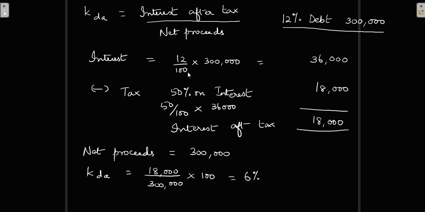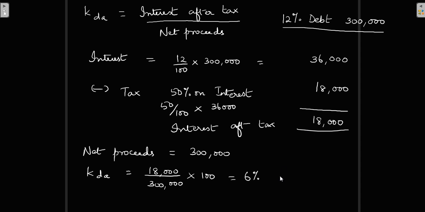Interest is 12% on 3 lakhs, 36,000. You deduct the tax, 18,000. You get interest after tax. Net proceeds is the total value of the capital. So 18,000 divided by 3 lakhs into 100. So the cost of debt for the new debenture is 6%.